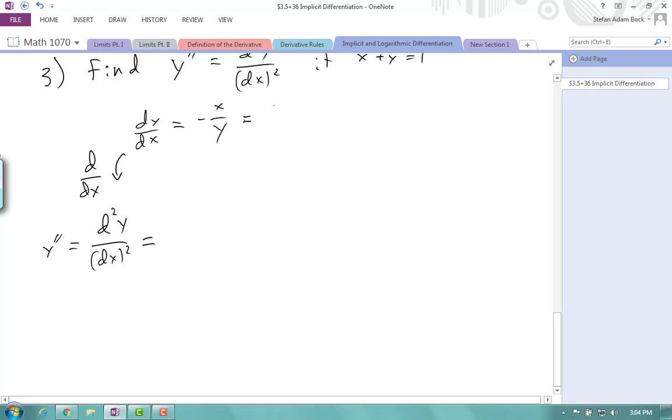I'll call this negative x divided by y. So when I take the derivative of the top, I have negative 1 times y minus derivative of the bottom, y prime times negative x divided by y squared.